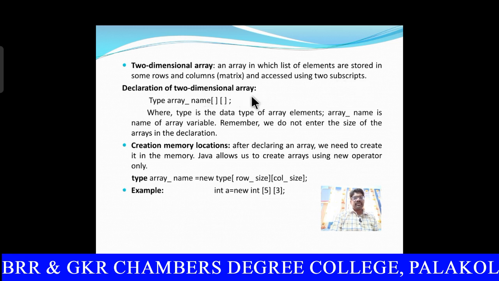Declaration of a 2-dimensional array: type, that is data type, array name, where the first index represents the rows and the second subscript represents the column. Type is the data type of array elements, array name is the name of the array variable. Remember, we do not enter the size of the array in the declaration.